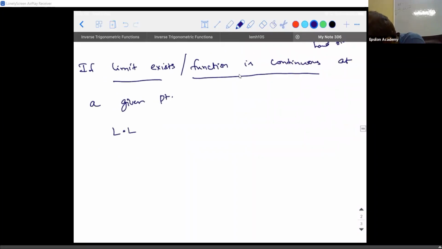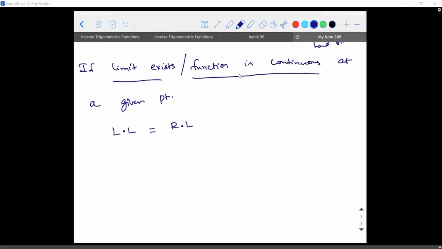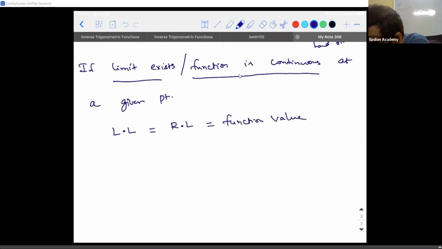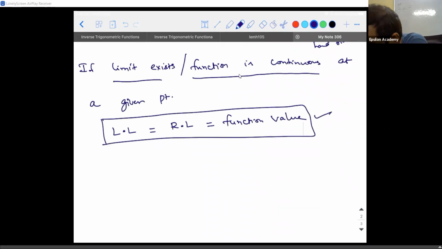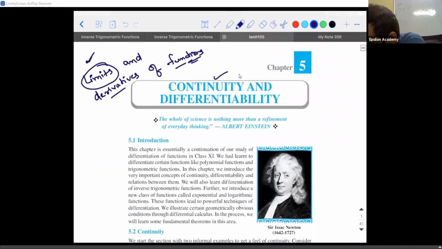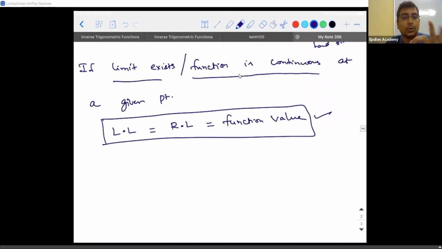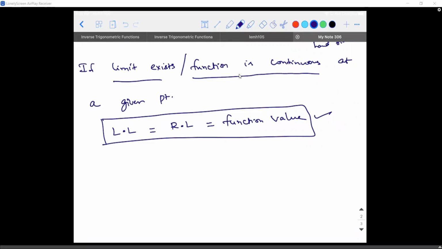I should prove that the left limit is equal to the right limit, which is equal to the function value. If all these three conditions are satisfied, then you can say that the given function is what? The name of the chapter. That is, you are speaking about the continuity of the function. Clear? Yes, sir.